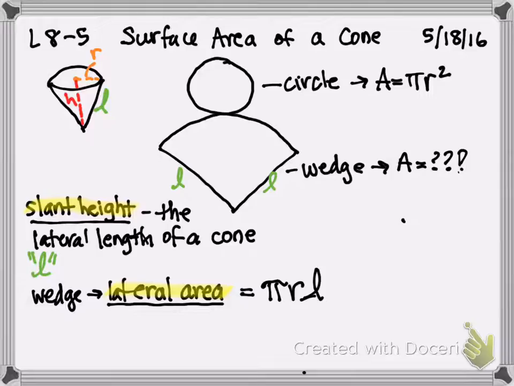We know how to figure out the circle. It's that wedge that we have a problem with, that lateral area. So we have to memorize this. So let's do a couple practice problems with just lateral area. Everybody good here? Okay. So examples are going to be: find the lateral area. And by the way, what is the abbreviation for lateral area?